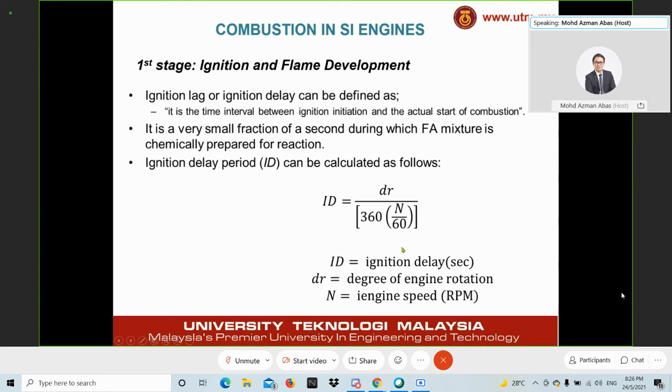It is calculated as degrees of engine rotation divided by 360 times engine speed divided by 60. Degrees of engine rotation is basically your crank angle.